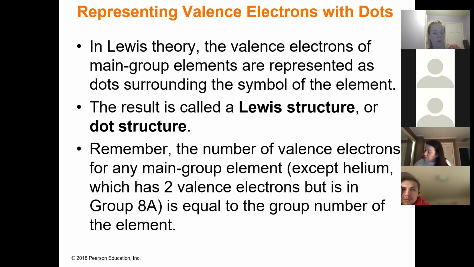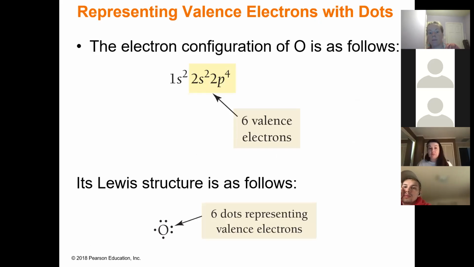So we want to first be able to do a Lewis dot structure. In a Lewis dot structure, we're going to put the total number of valence electrons around the symbol. Now remember, valence electrons are not all of the electrons. It's just the electrons that are in the outermost shell.